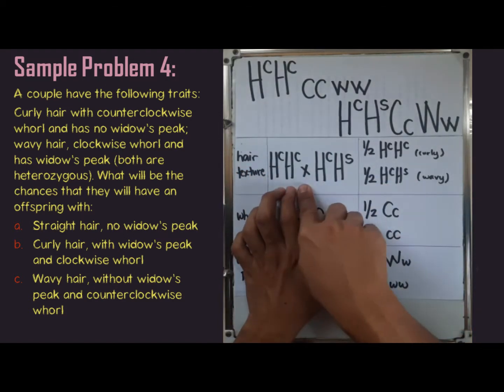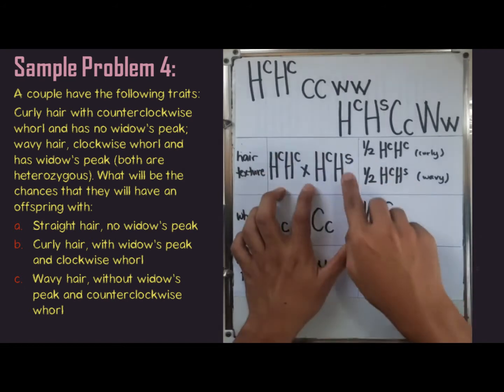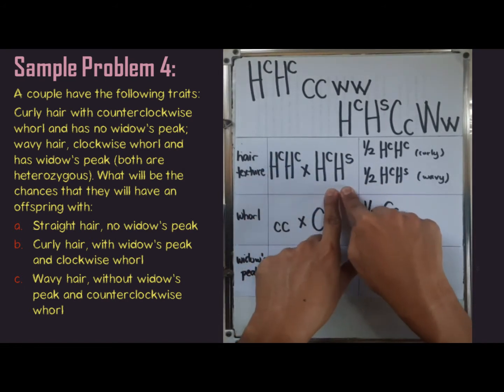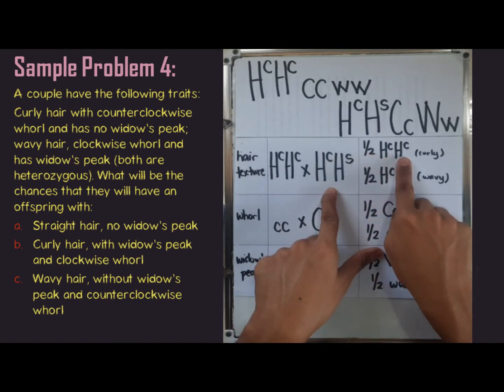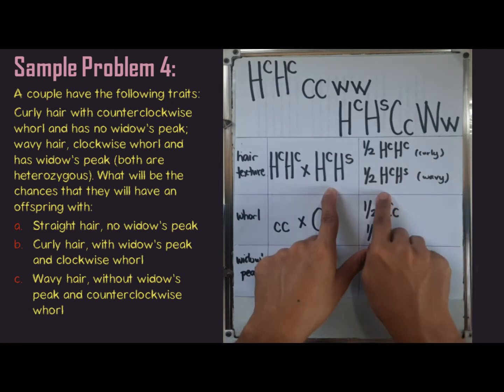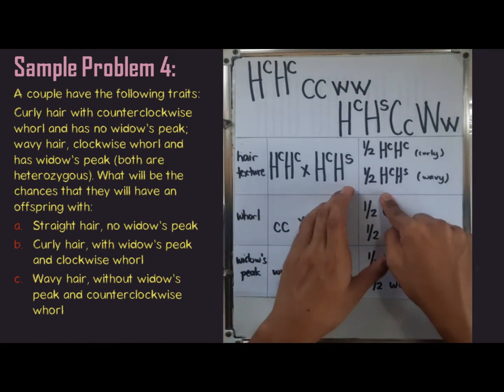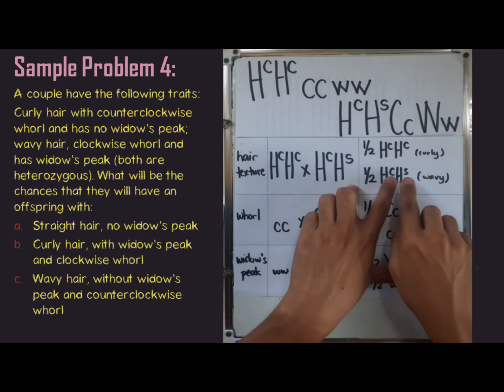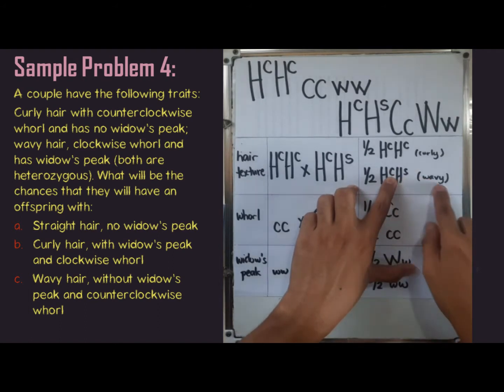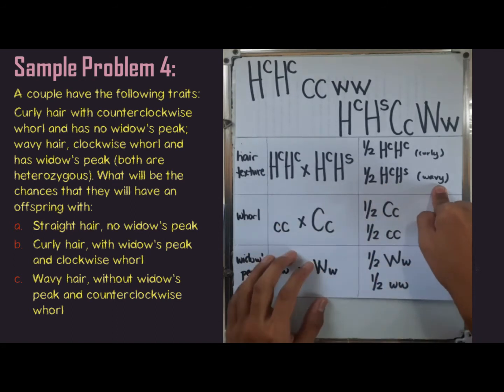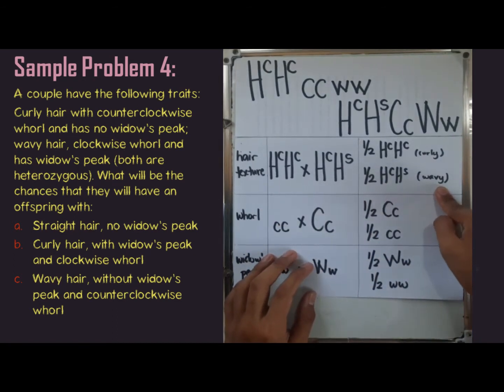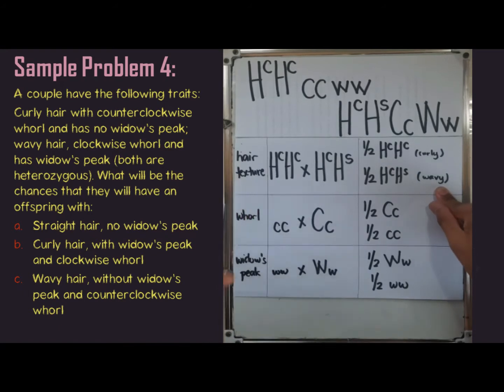We have curly hair multiplied by the genotype for wavy hair, which gives us 1/2, or 2 out of 4, homozygous dominant curly hair, and 1/2 heterozygous, the presence of incomplete dominance of curly and straight hair, which provides wavy hair as its phenotype. Even if you do the full method for this particular case, you will arrive at the same answer.